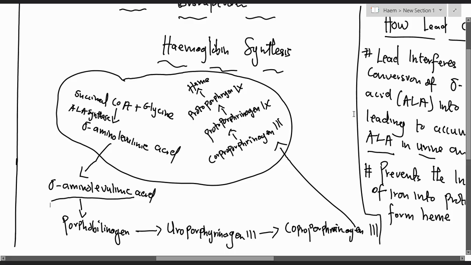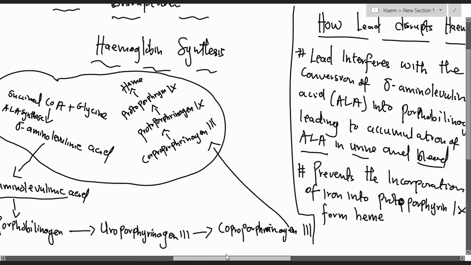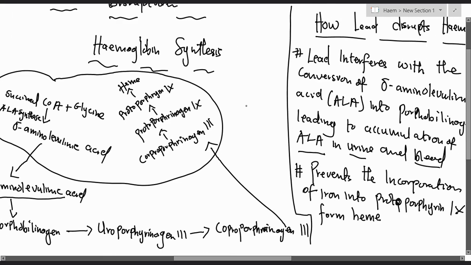Now, here lies the case: the lead is also a metal, and the iron 2 plus is also a metal. So there's actually some form of competition between the lead and the iron. And this competition most times prevents the incorporation of iron into the protoporphyrin IX moiety to form the heme. So that is also one reason why lead can lead to anemia.